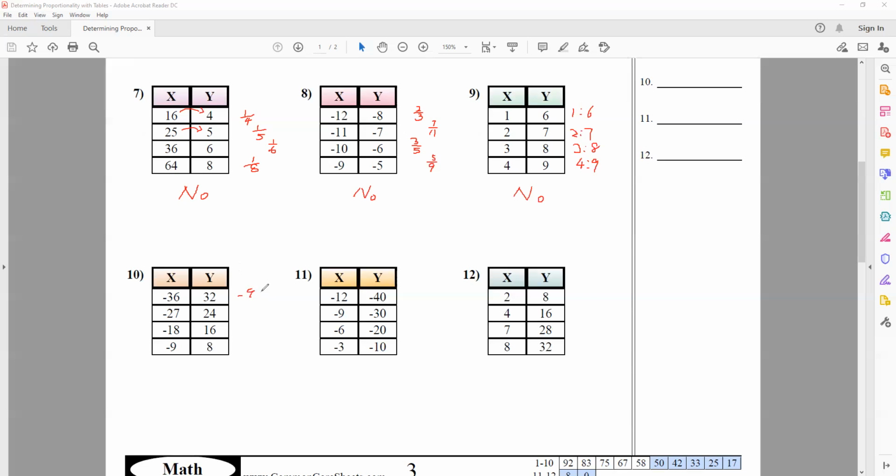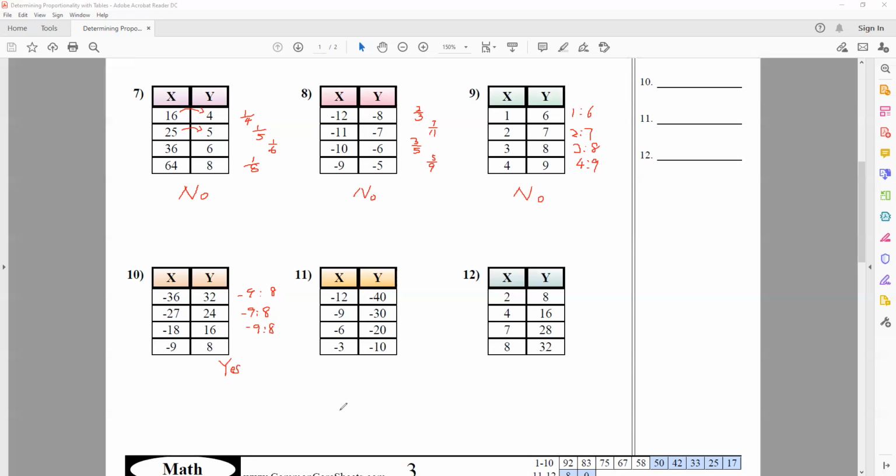Mm-hmm. All right, let's do the second one. That would again be negative 9 to 8. Yes. And then that one is also negative 9 to 8. And the last one is also negative 9 to 8. Right. So that one is a yes. Yeah, good.